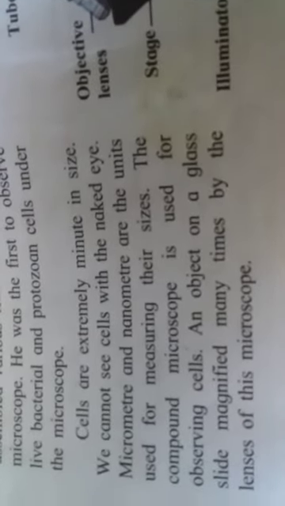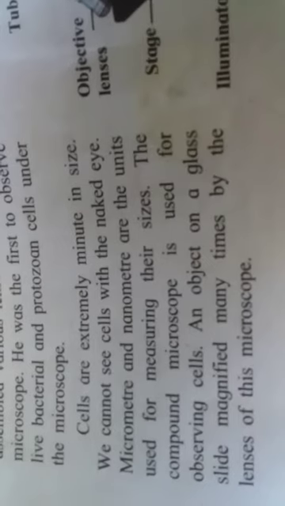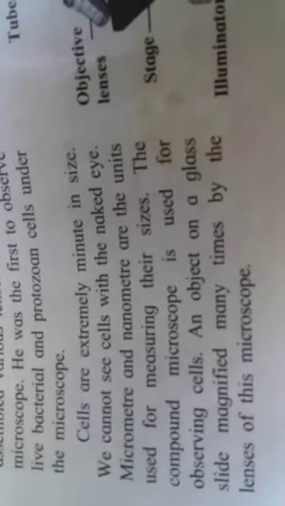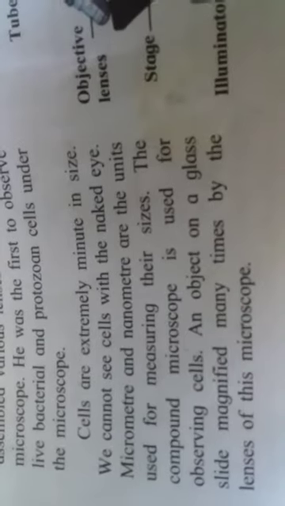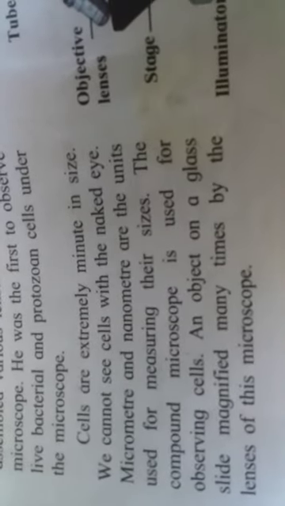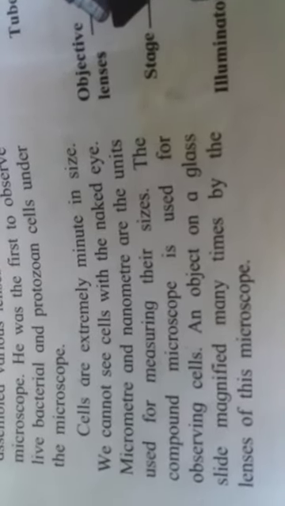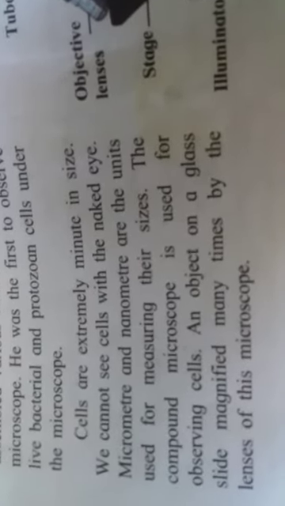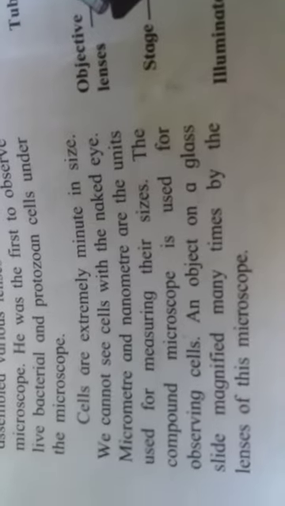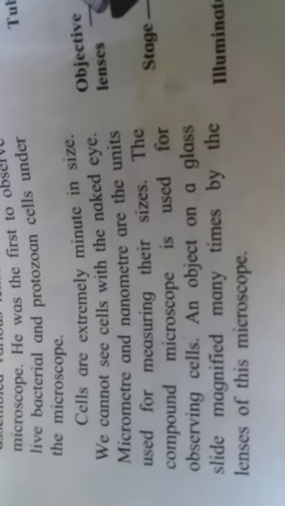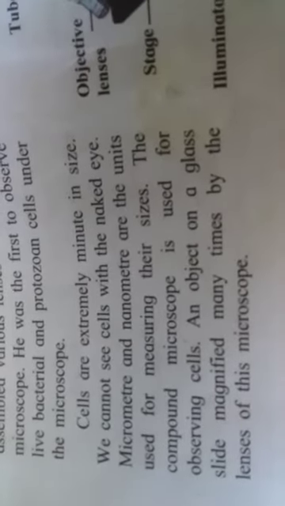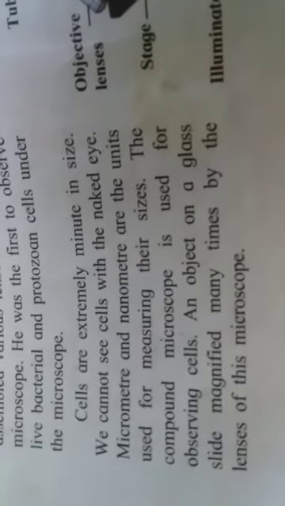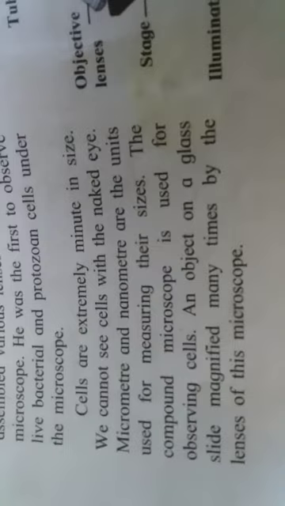The compound microscope is used for observing the cells. We are using the compound microscope to observe the cells. An object on the glass slide is magnified many times by the lenses of the microscope.